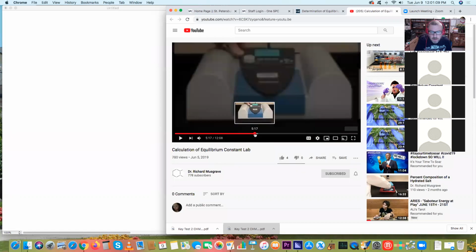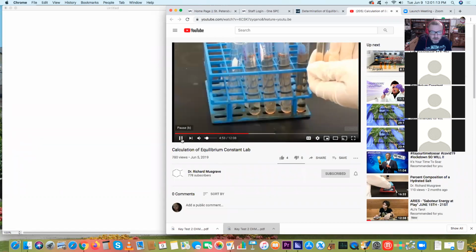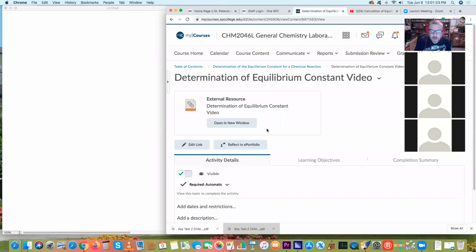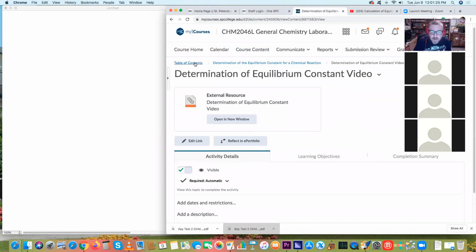See if I can find that final result. Actually, I'll go back to this one. This is fine. You can see here that we mix these things together, and there's a table that you'll specifically use as well. And let's pull this up out of the lab manual here.